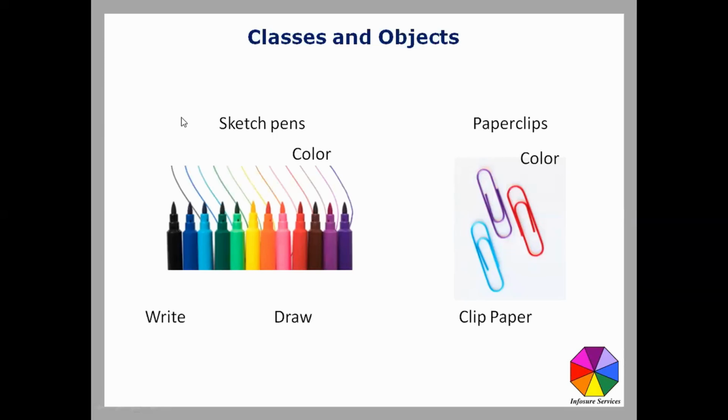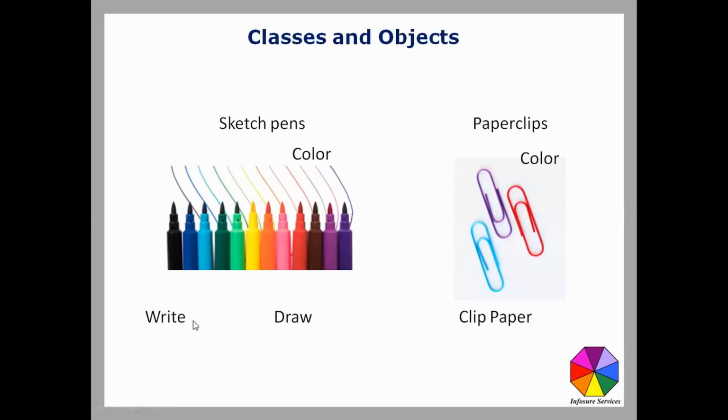Now my class could be called sketch pens, and there could be a property called color. Now the color property of each of these pens is different. The property name is color.